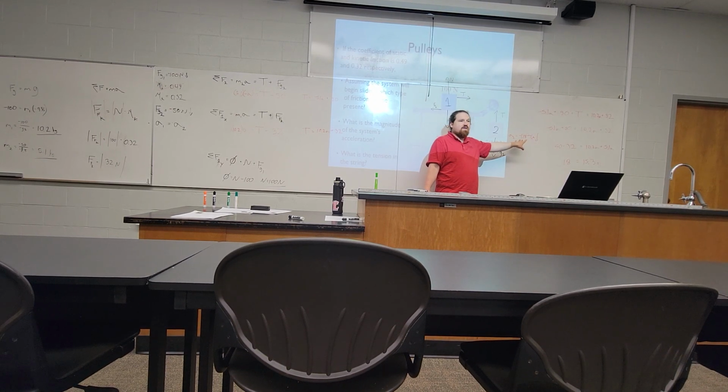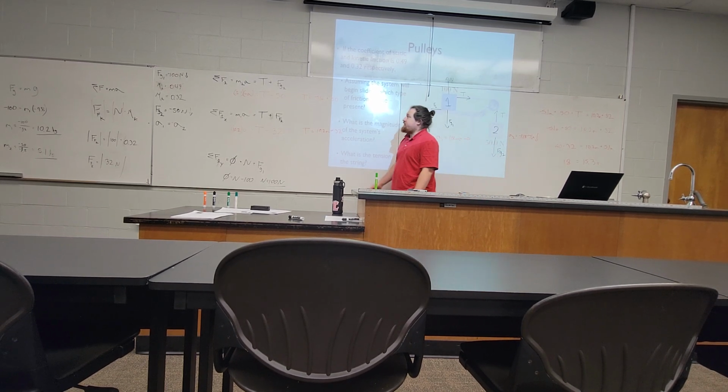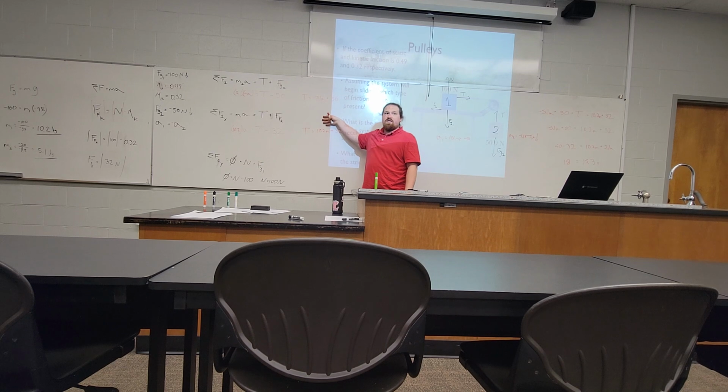Does that make sense? All right, so this number is great. It makes total sense. I like to point out how the numbers apply to reality to build your frame of reference. And now that we have that number, a number for A, we can take it over to either of these things to find a value for tension.